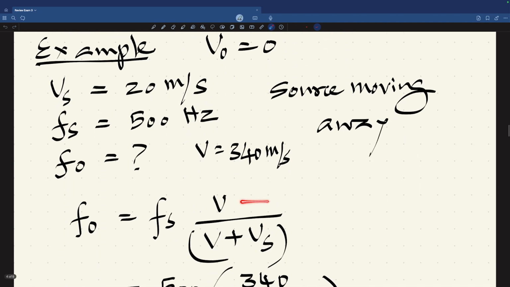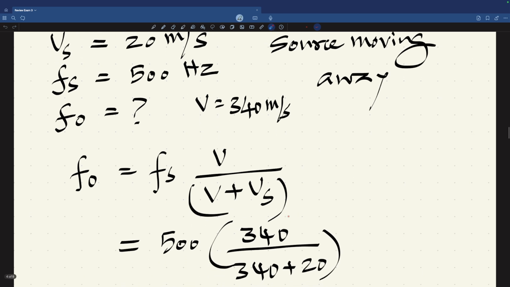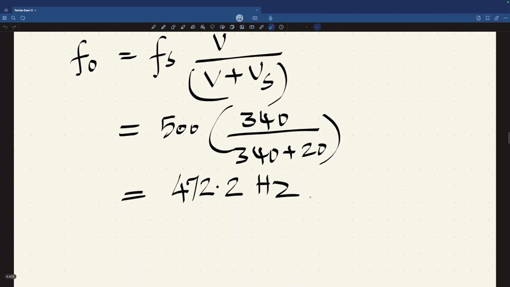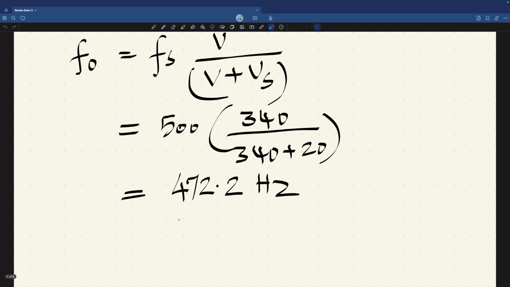And the denominator, you have a plus because it's moving away. All right, so put that, calculate carefully, you get 472.2, which is, of course, less than 500. So that's because it's moving away. If it were moving towards, then this number that you get here should be bigger than here, okay?